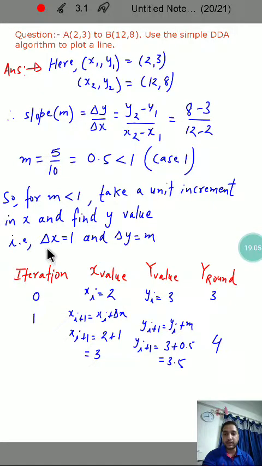Unit increment in x means delta x will be equal to 1 and delta y will become m. How? As you know, slope is equal to delta y divided by delta x. So from here delta y will become m times delta x, and since delta x is 1, delta y will be equal to m.